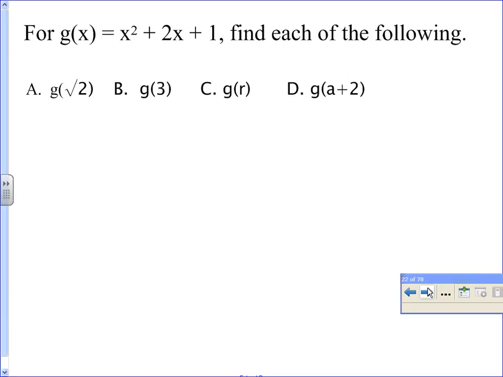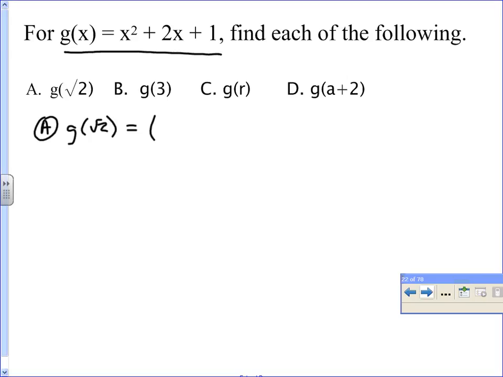And then the last set of problems I have is just finding different values for the inputs, given a function. So the first one, I'm asked to find g of √2. And this is just a matter of replacing your x's with the √2. So I have x squared plus 2x plus 1.